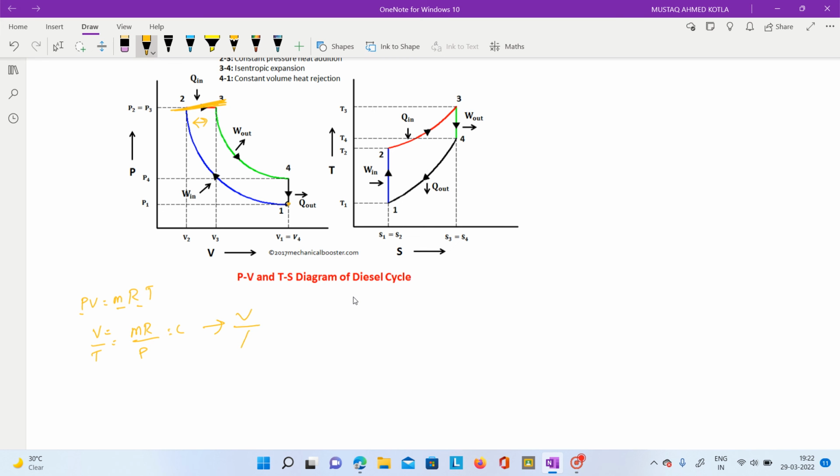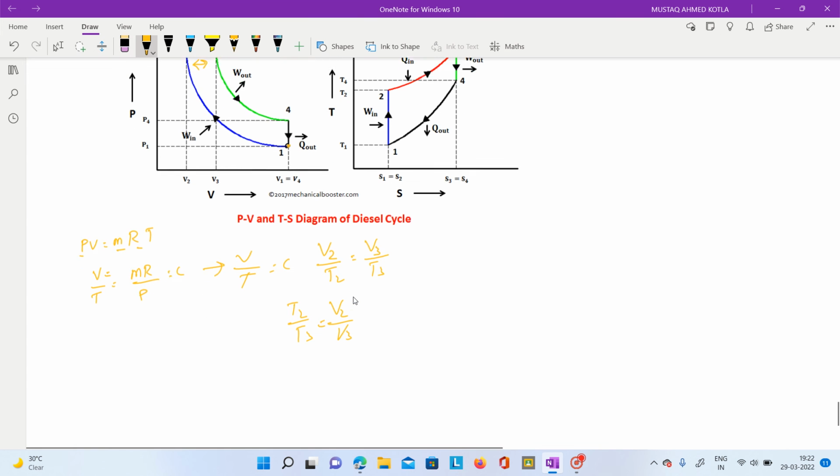Similarly, V2 by T2 equals V3 by T3, because it is a process between 2 to 3. So V2 by V3 equals T2 by T3.